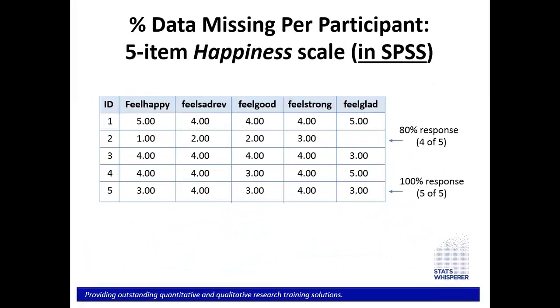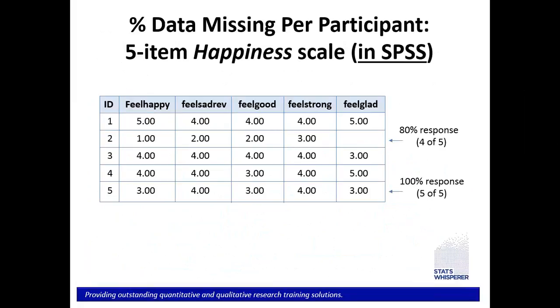The feel glad item is missing for one person, ID number 2, study participant ID 2. So there's 5 items. So if they're missing 1 of 5, there's 80% complete data for ID 2, 20% missing data. Now the other study participants all have 5 responses, so they have 100% valid responses.